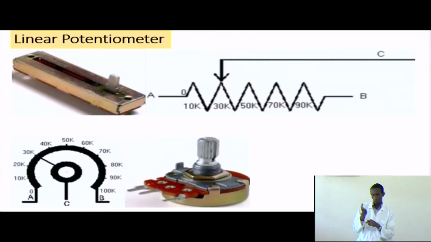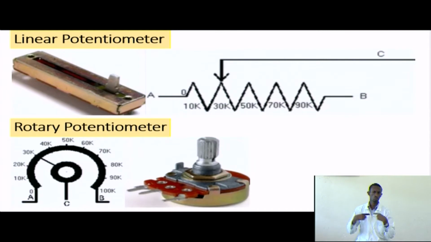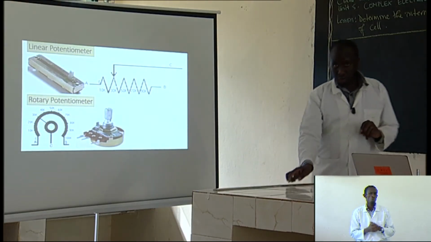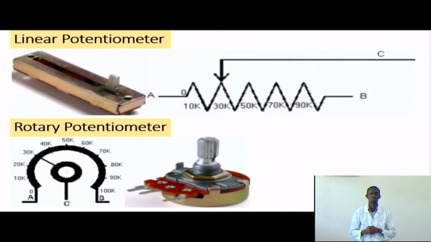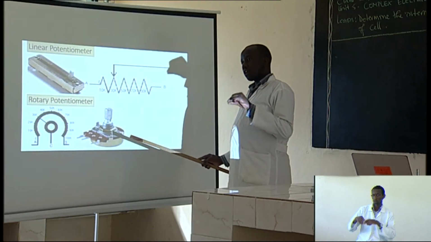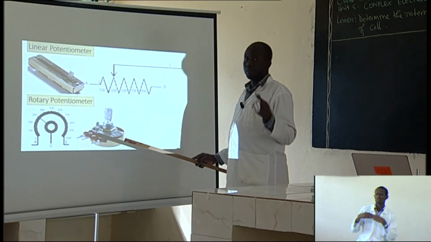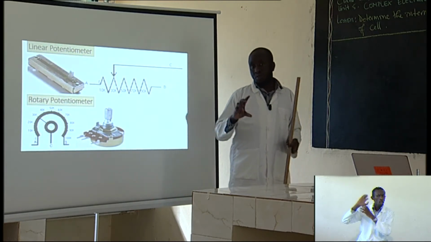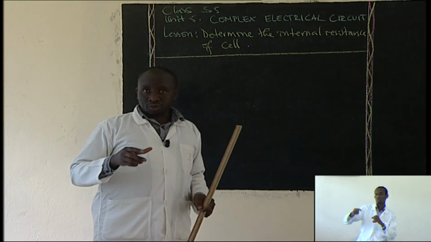As you remember, we had the explanation last time about the linear potentiometer and the rotary potentiometer. To add on what we have said, as you see, this device here looks like part of the device that we have in a radio, the one that you use to change the volume, to change the frequencies of your radio, right?